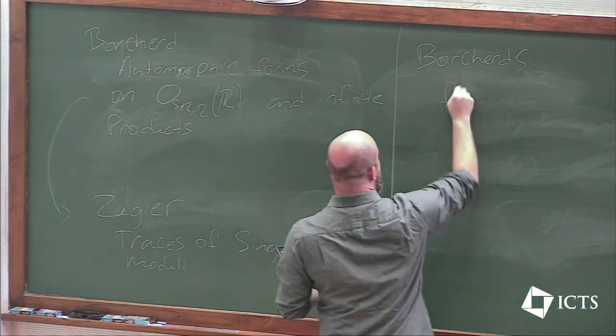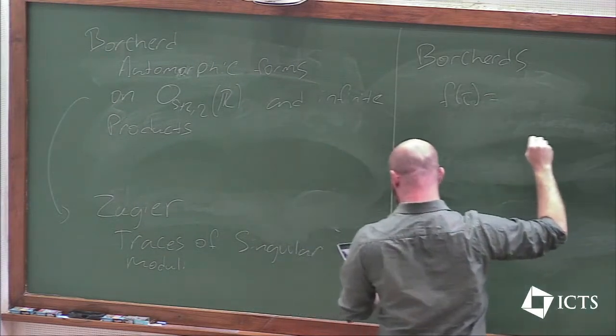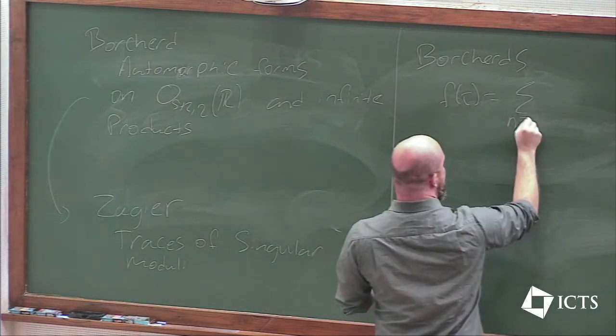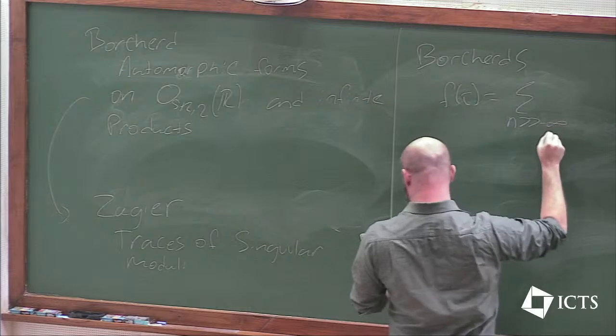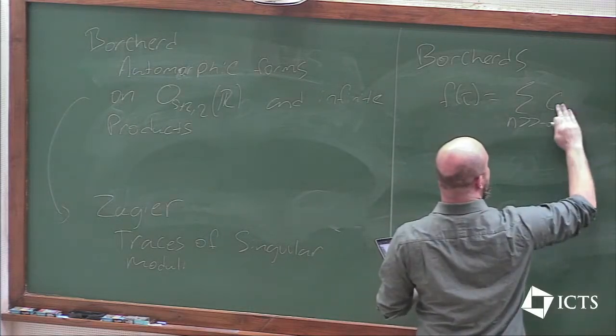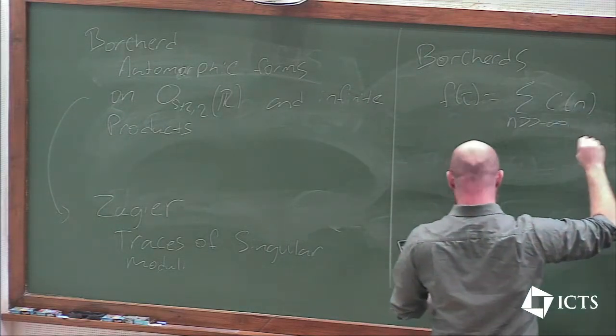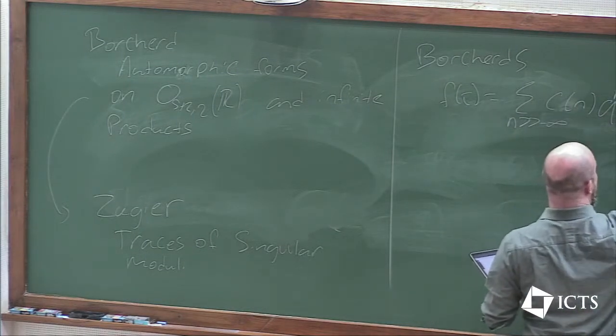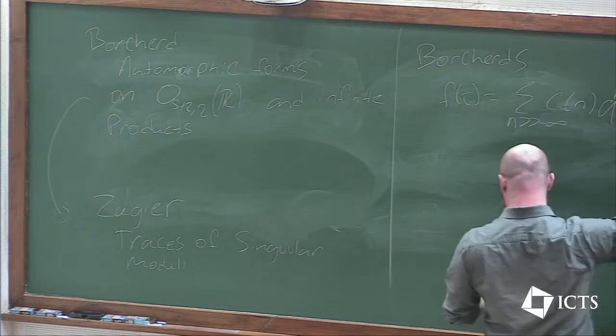Let's suppose that f of tau is equal to a sum over n bigger than minus infinity of c of n, q to the n, and this is, say, something weakly holomorphic.